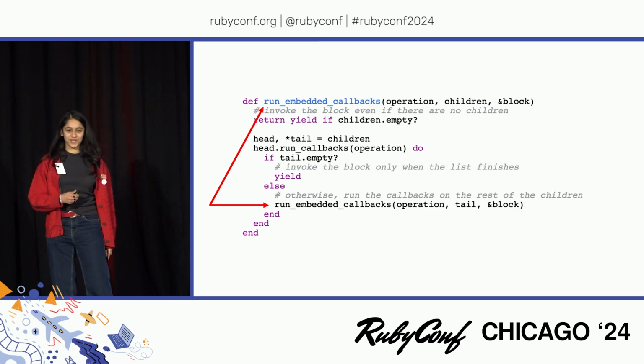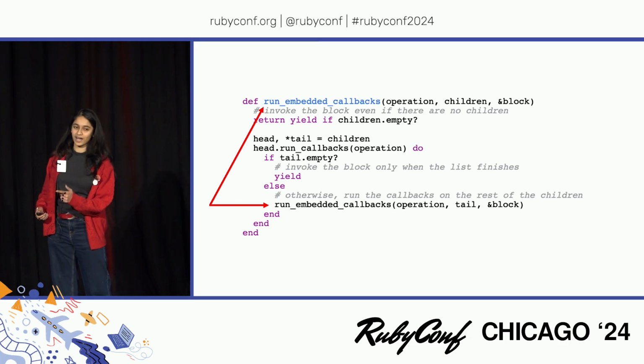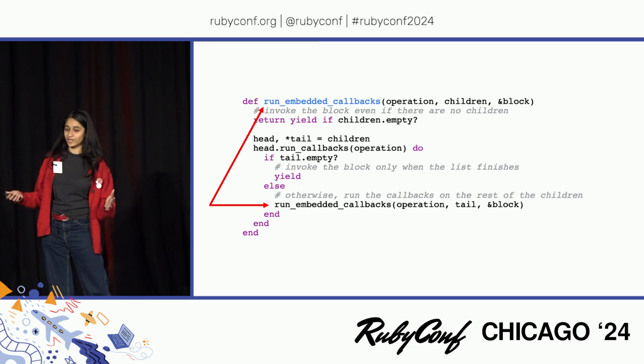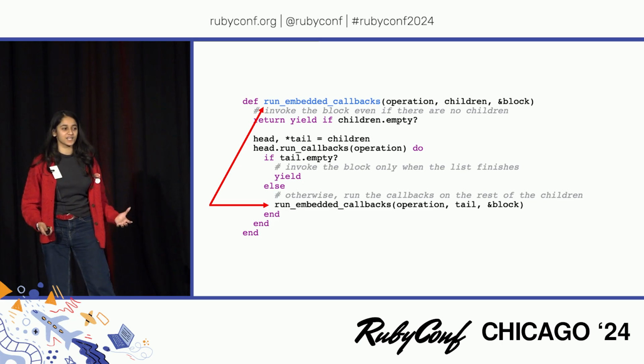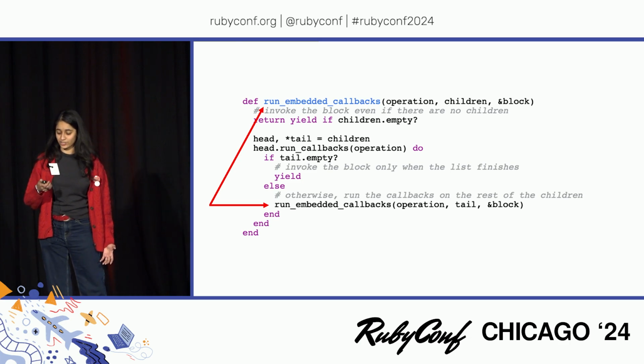Okay, as Jameis explained, this is a recursive function where run embedded callbacks is called for each and every child document. When you have a lot of child documents, what happens is that the call stacks add up and lead to the stack space being exhausted, even though this is technically not a case of infinite recursion.